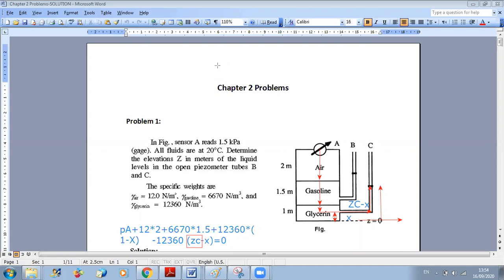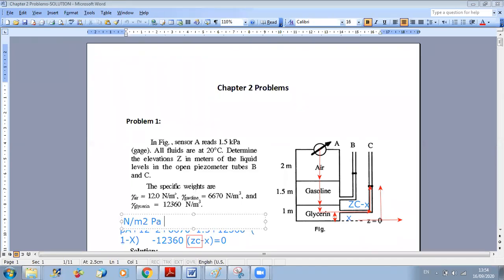Okay, thank you. And don't forget, you don't replace in kilopascal because the unit of gamma is Newton per meter cube. So PA should be in Newton per meter square, which corresponds to Pascal.